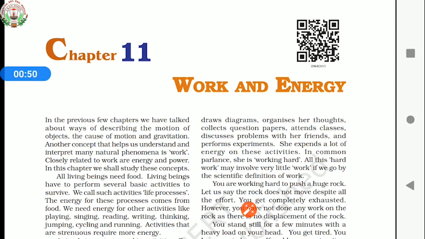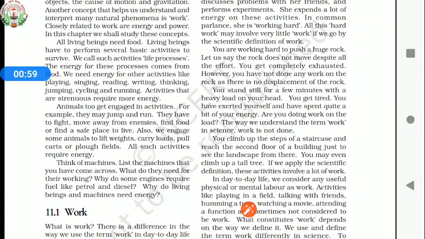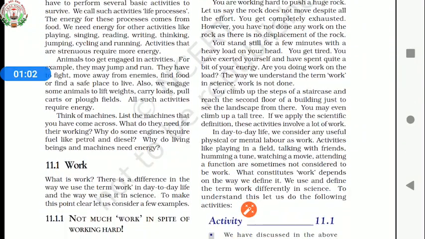When a force is applied on an object and it moves a distance, then we can say work is done. We can calculate the work done by using the formula W is equal to F into S, where F is the force applied on the object and S is the displacement of the object.